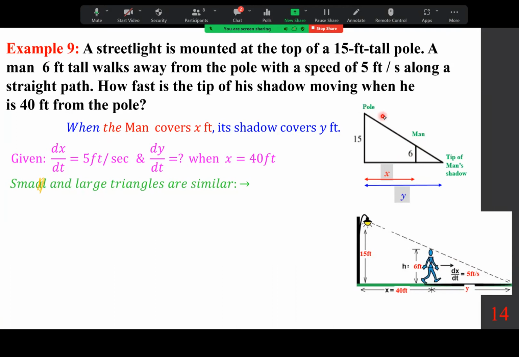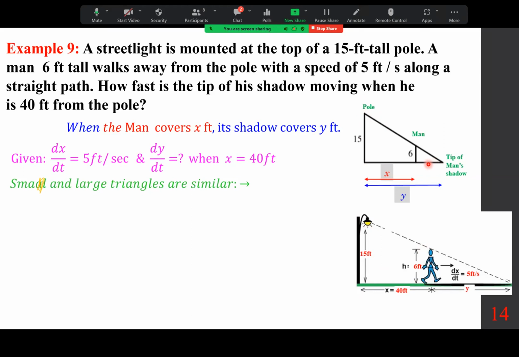So those are similar figures, and again, we can pick a value from the small one and compare it to the large one. For example, this one compared to this one. So this is 6, this is 15. And if we want to compare this one to the large one, it is y.